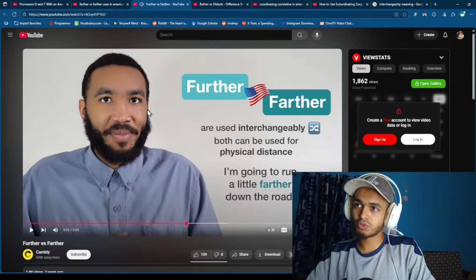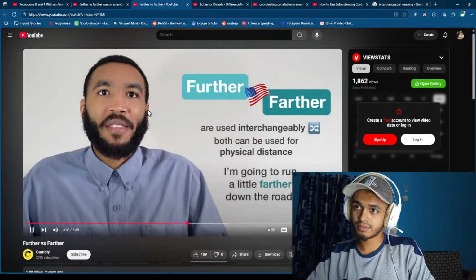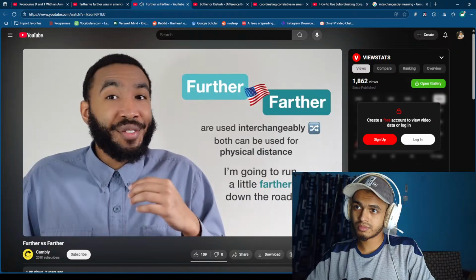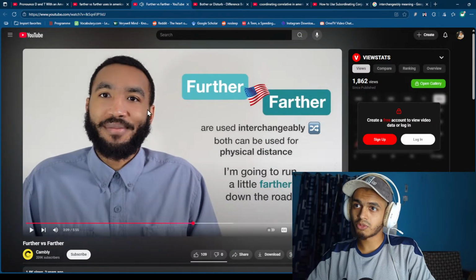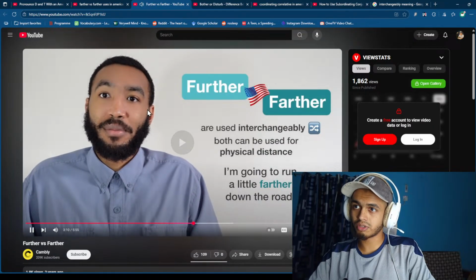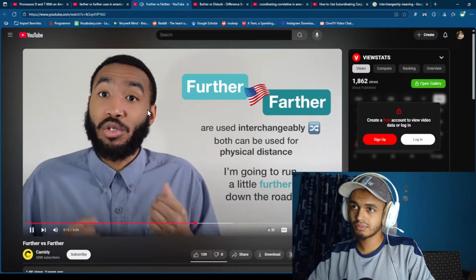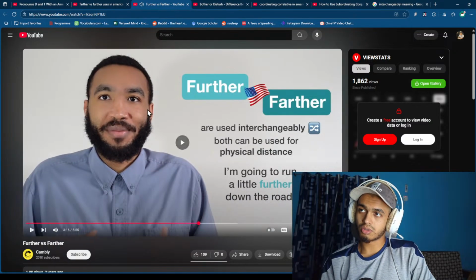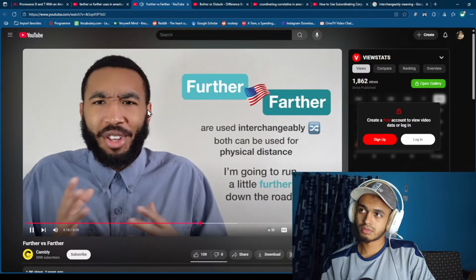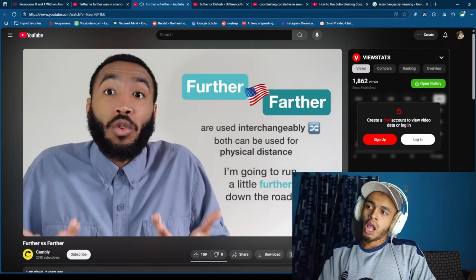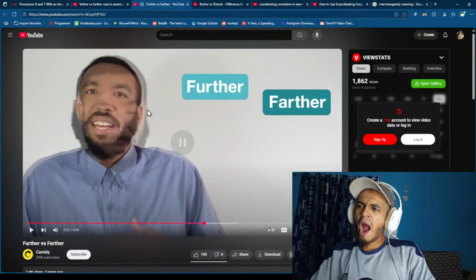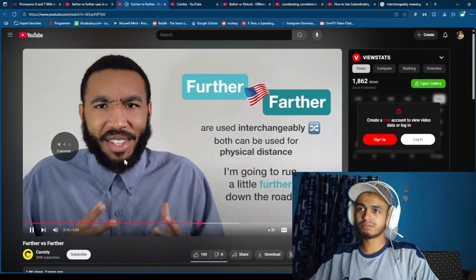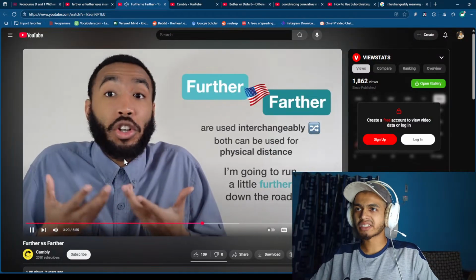Both can be used for physical distance. I'm going to run a little farther down the road. Or I'm going to run a little further down the road. Both of these would be considered correct.